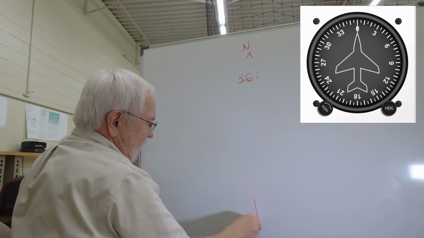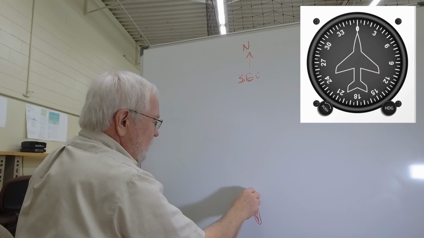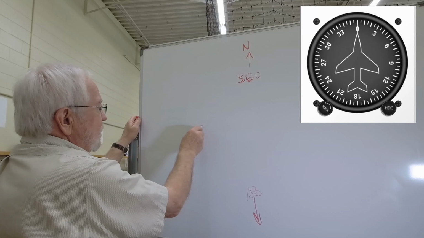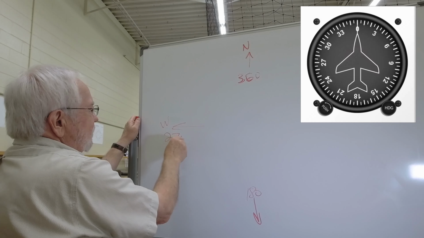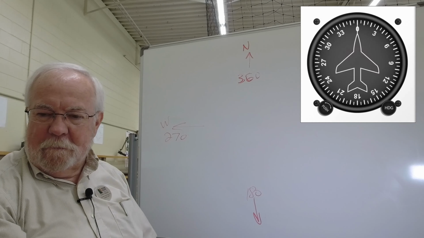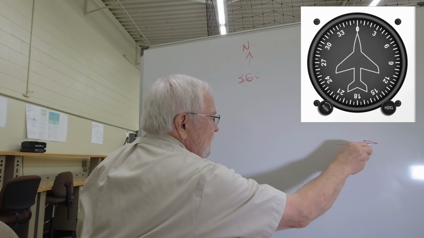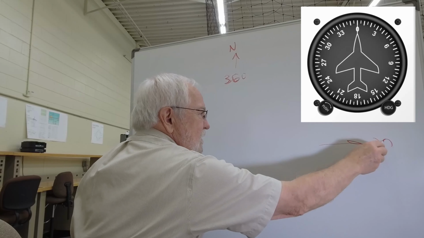If we were heading south, it's a heading of 180. If we're heading west, it'd be a heading of 270. And if we're heading east, it'd be a heading of 90 degrees.